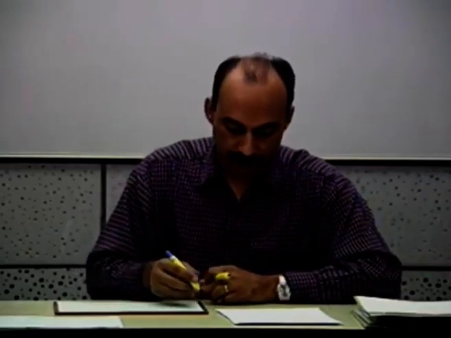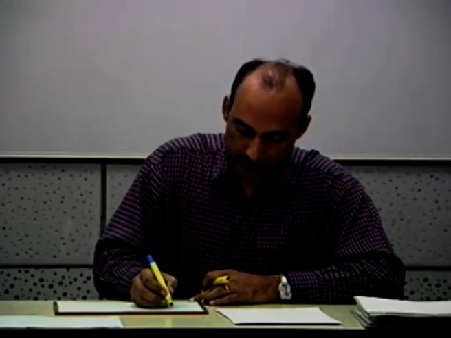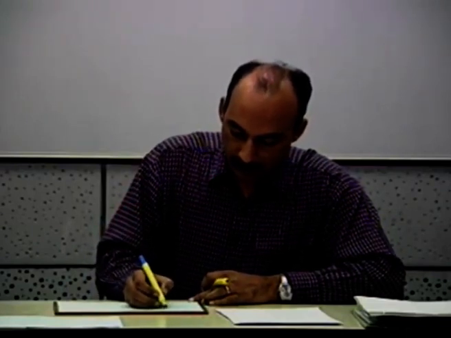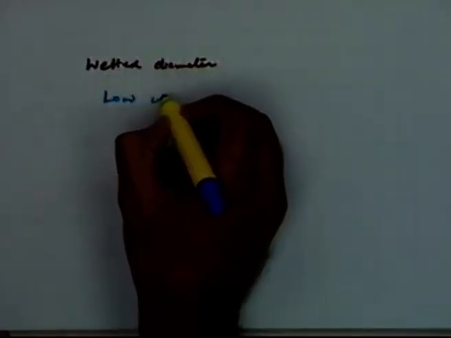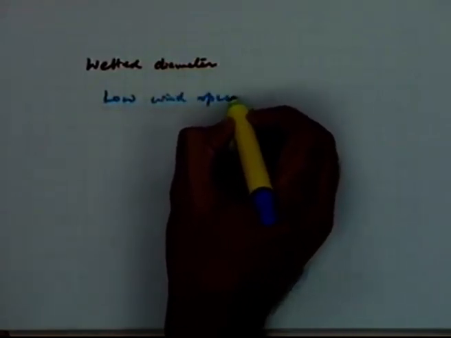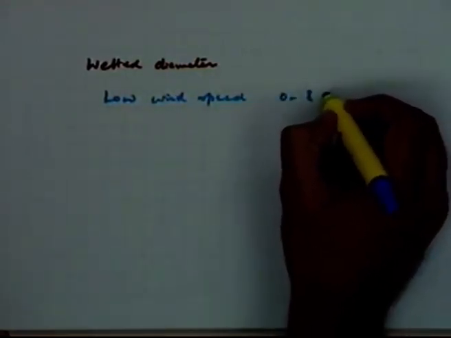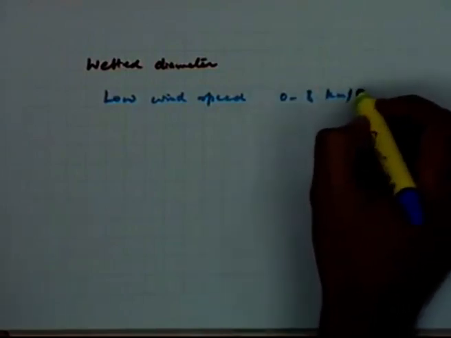In this case, the wind speed range is taken as the low wind speed range, which is between 0 to 8 kilometers per hour.